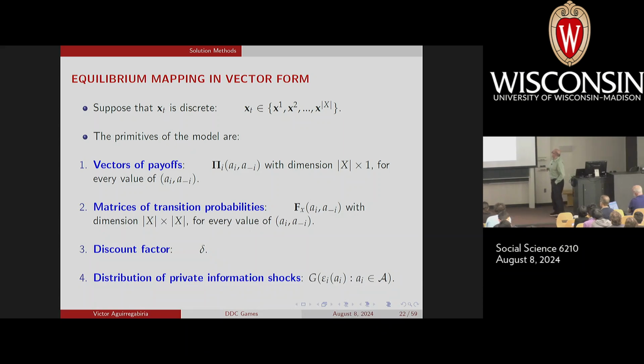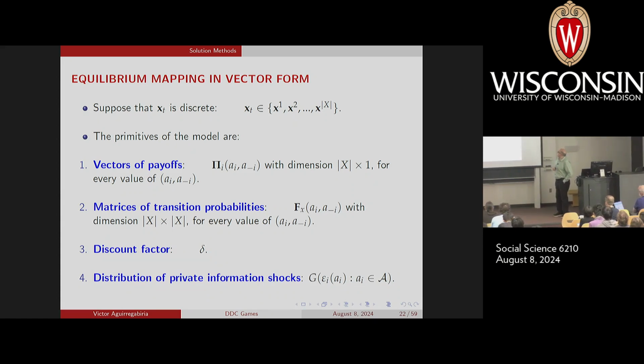Suppose that x, the vector of state variables, is discrete, and therefore can be described in terms of a finite set of possible values. Then for every action of a player i and an action of the competitors, we can describe the payoffs of a player, this capital Pi i, as a vector with as many rows as possible values of x.